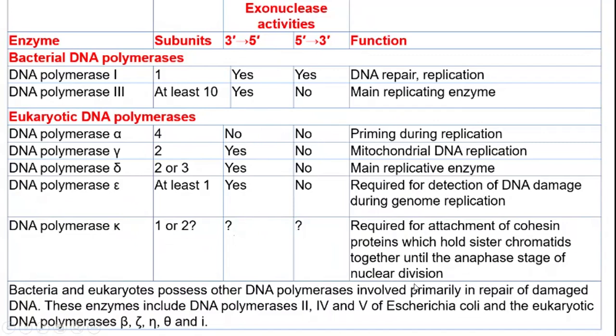Remember that DNA polymerase gamma is the DNA polymerase that is found in the mitochondria. Remember that the mitochondria has its own genome, and that genome also needs to be replicated. So that is why it has its own enzyme for that particular purpose.